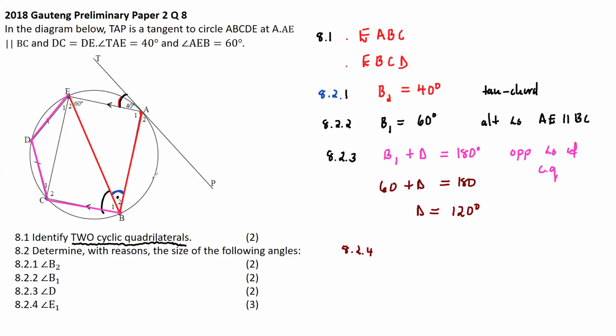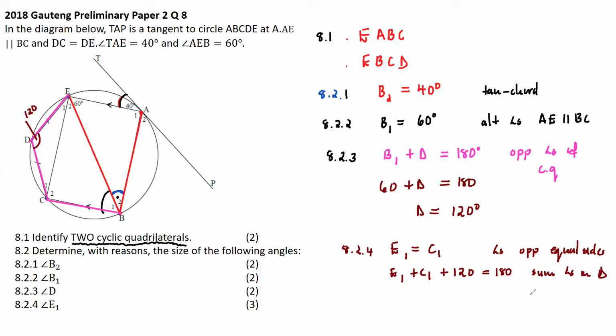Now, I noticed something. We already know that D is 120. Perfect. E1 is equal to C1. Your reason is angles opposite equal sides. So E1 plus C1 plus D, which is 120, is 180 because of sum of angles in a triangle.